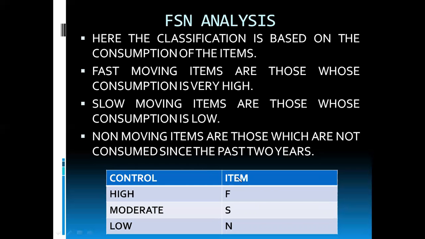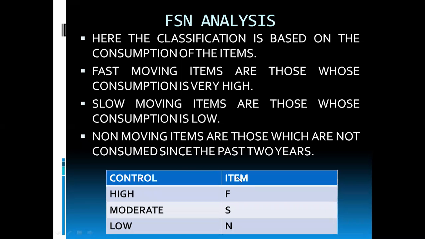Here we can avoid investment in non-moving or slow-moving items. And with the help of FSN analysis, we can easily understand which are those items which are actively required or which need to be reviewed regularly.